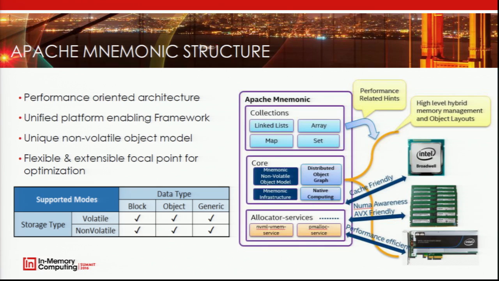Another thing is this collection area is open for the public to use as well. If you have a certain type of data structure you are working on and it's not inside this collection, we can build that collection over here as well to take advantage of the rest of the services.